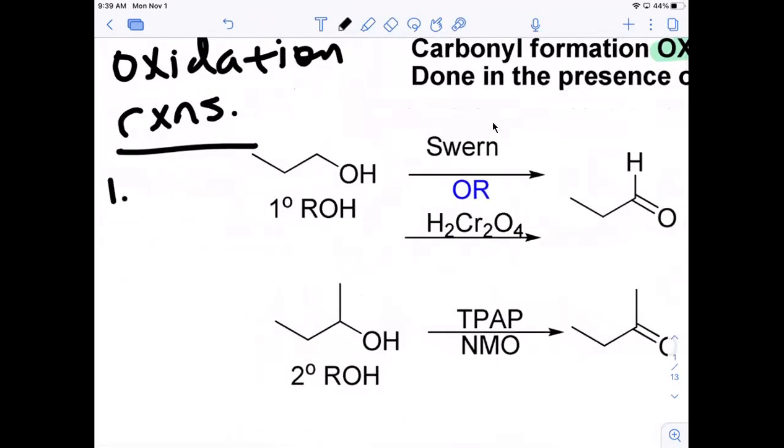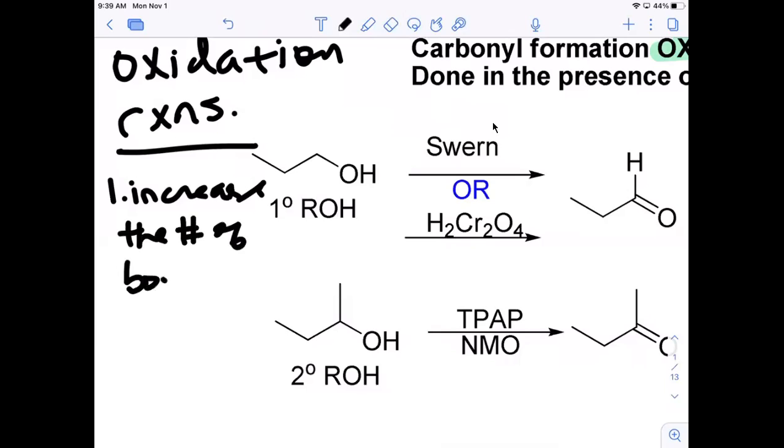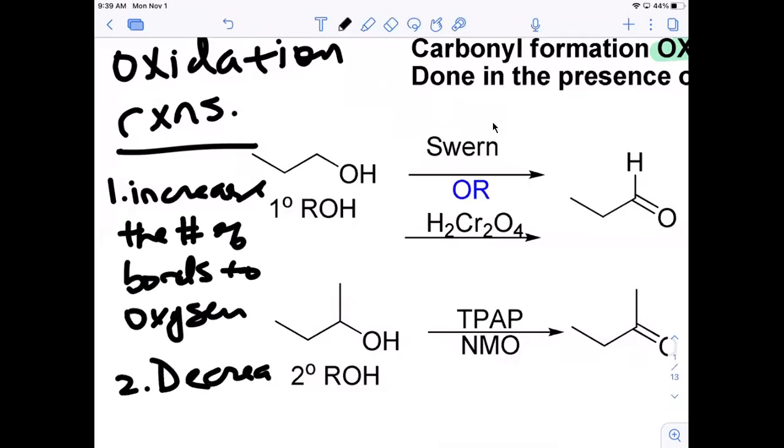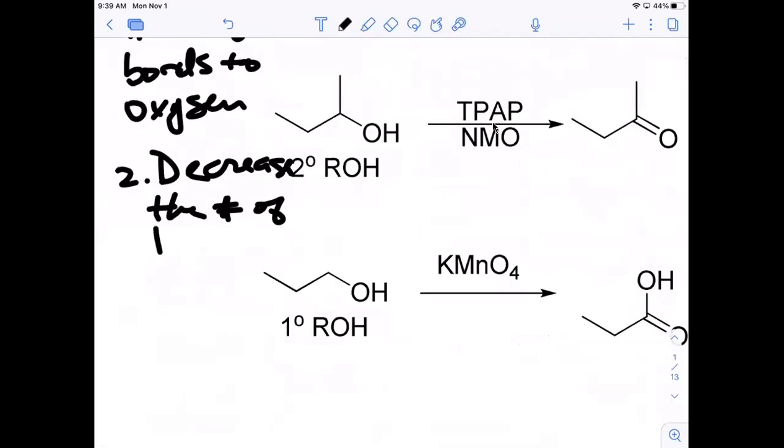You increase the number of bonds to oxygen, or decrease the number of bonds to hydrogen.